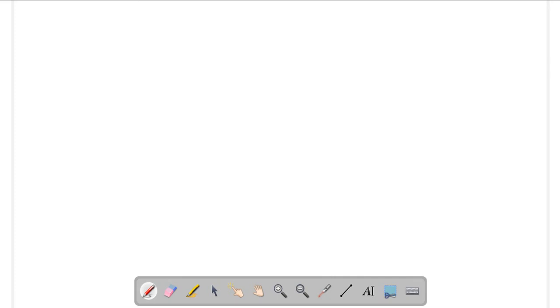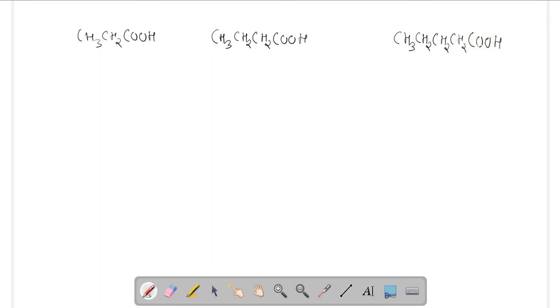For example, CH3CH2COOH, CH3CH2CH2COOH, CH3CH2CH2CH2COOH. Here the melting point is 251, here it is 237, while for the 4 carbon atom compound it will be 267 Kelvin.